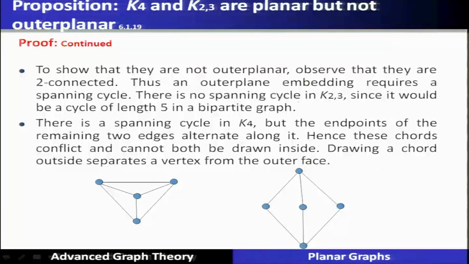There is no spanning cycle in K2,3, since it would be a spanning cycle of length 5 in a bipartite graph. Length 5 is an odd cycle. Hence, K2,3 does not have any spanning cycle.